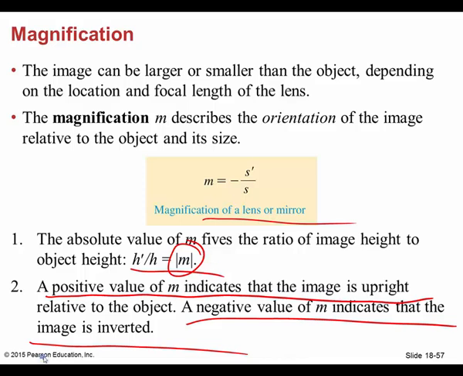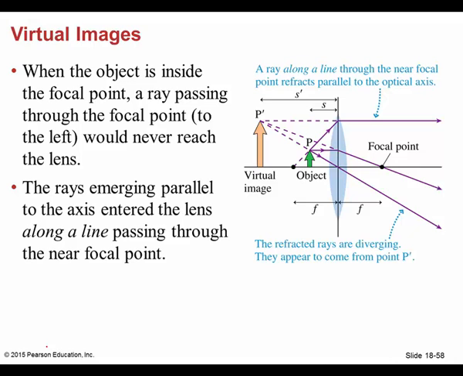All right, let's move on. Virtual images, again, are those that will not project onto a screen, and a screen could be anything. It could be a sheet of paper, it could be a wall, it could be a projector screen. A screen's a screen, okay? So if the image will not project onto a screen, then it is considered to be a virtual image. And notice how the image is behind the object in this particular situation.